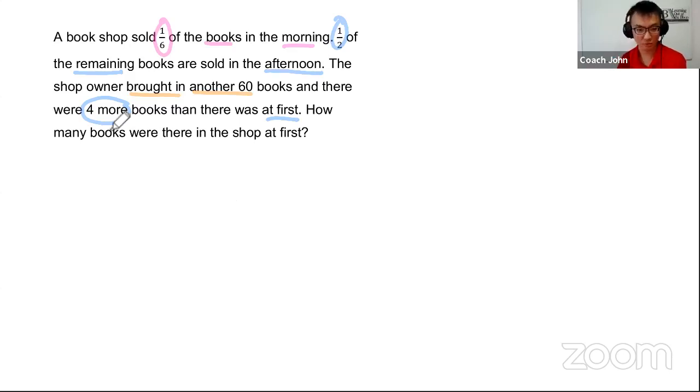When I see such a question, it tells me that there's something called top up. For remainder concept, there are a few types, probably 3 or 4 types, and one of the more demanding ones is the top up. Top up means you see words like you add, you bring in.